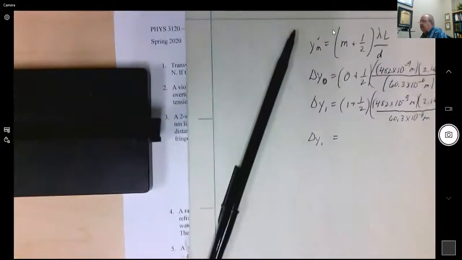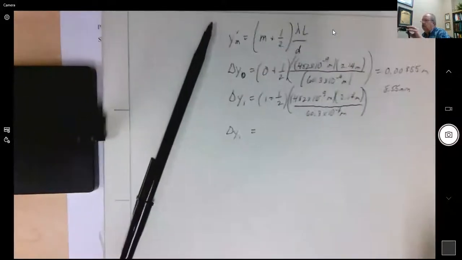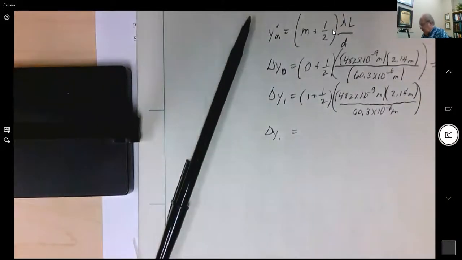So if I calculate that quickly, move that over a little bit. Here we go. Didn't realize that wasn't all on the screen. Okay.